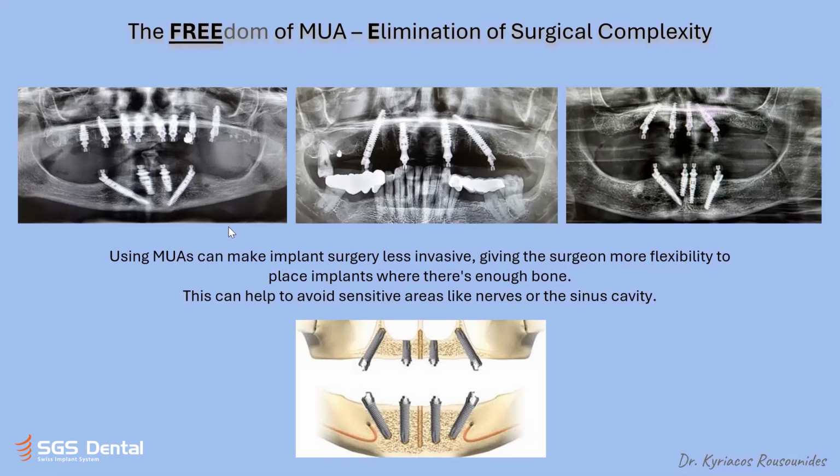And I'll show you where we can use this. For example, here in this case, or here in transsinus cases, we used 22 millimeter implants to anchor on both cortical bones. Here the cortical bone of the nose and here the cortical of the mouth.